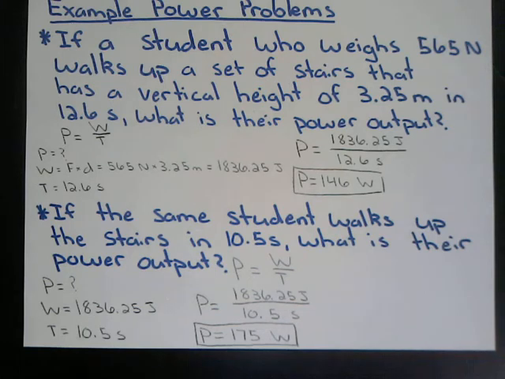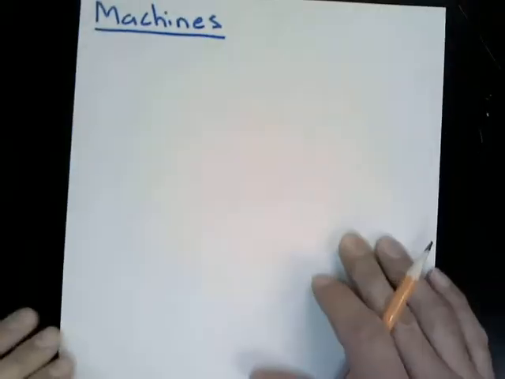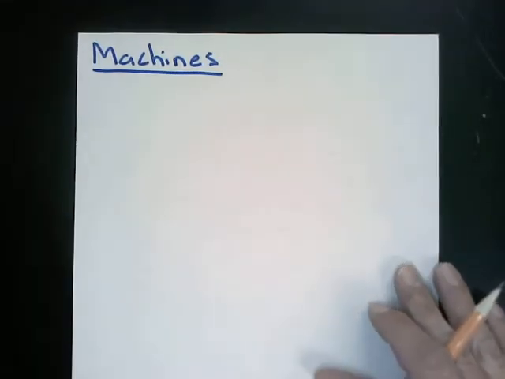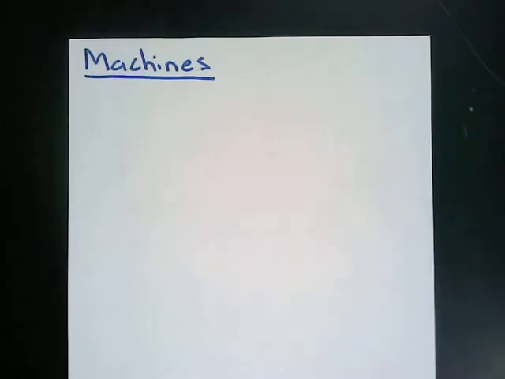Now what we can talk about here, kind of our third topic of this section, is what we have called machines. And machines really tie together work and power really nicely. So with this here, machines, our basic definition of a machine is anything that helps do work by changing the size of an input force, the direction of the force, or both.